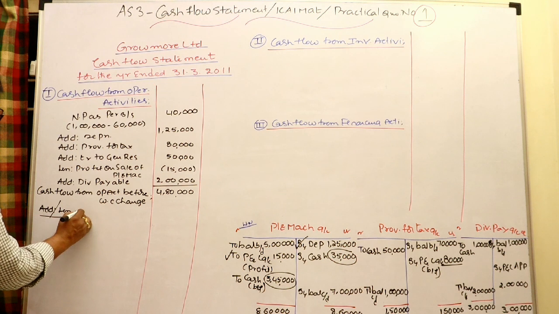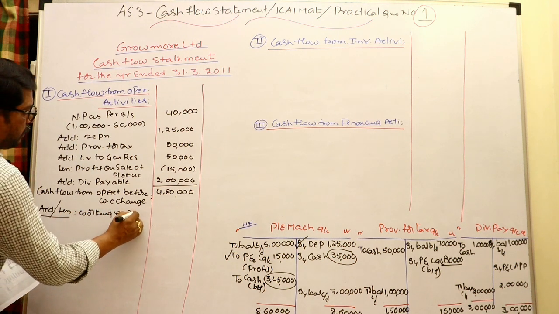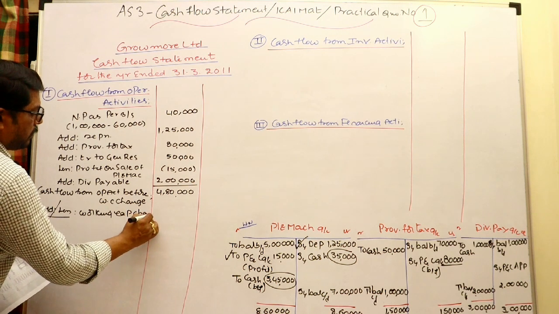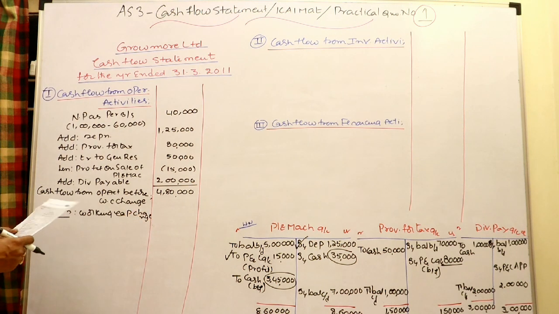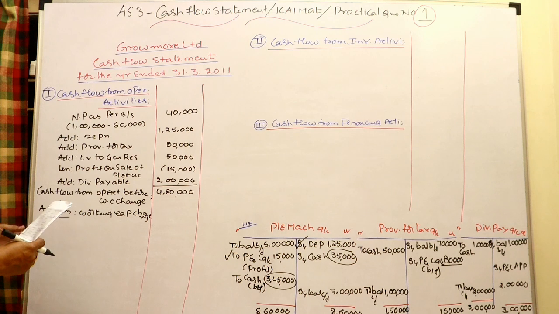Add or less working capital change. Look at that one by one. Current assets, current liabilities. Look at the trade payable: current liability decrease, outflow.